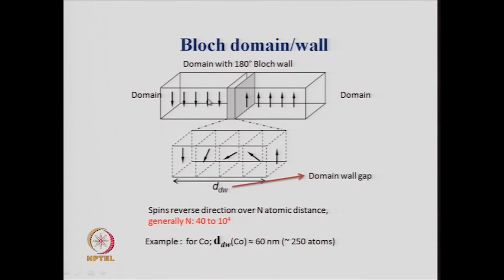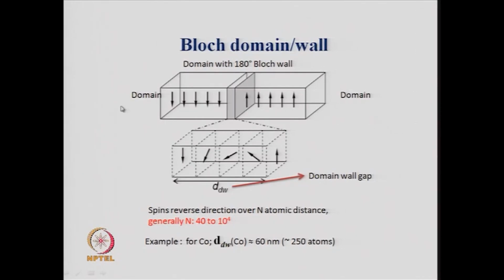So, domain 1 and domain 2 have magnetic vectors which are different by 180 degrees. Hence, this wall which separates domain 1 and domain 2 is called a 180 degree block wall or 180 degree domain wall.